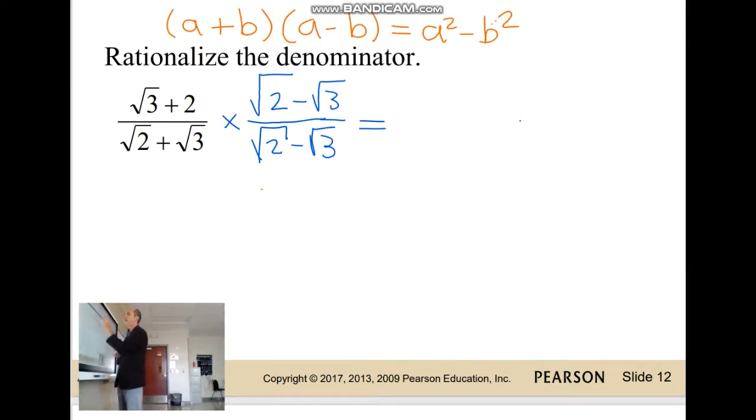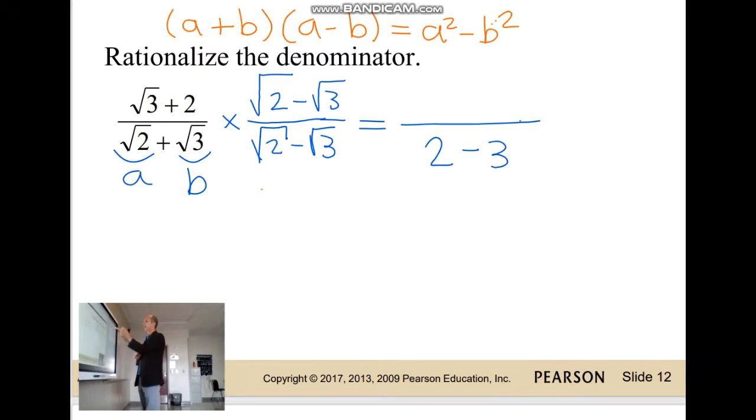And we're going to apply this special product to simplify, because this is A, this is B, and this is going to be A squared. Square root of 2 squared is 2, minus B squared, minus square root of 3 squared, minus 3.